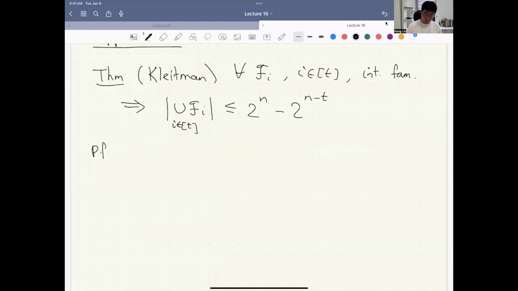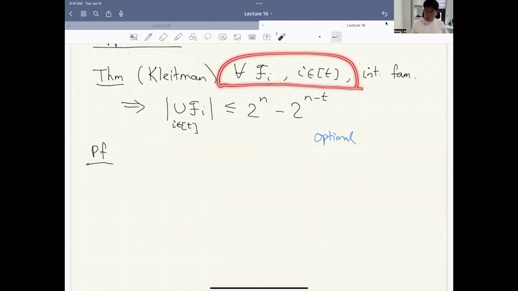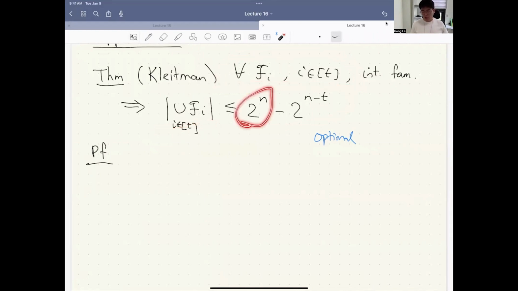Proof. This is obviously optimal, first of all. What will be t intersecting families whose union realizes this size? Well, let's look. This is everything. You have to subtract something, 2 to the n minus t.